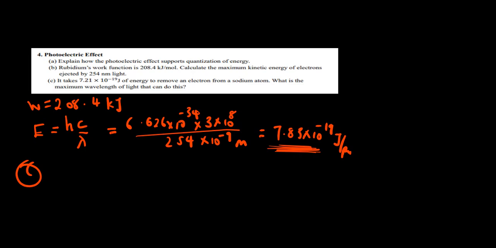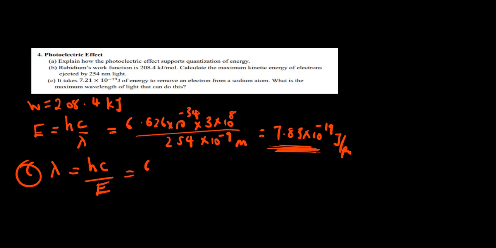The wavelength will just be equal to Planck's constant multiplied by C, with your energy down there. It's like you're just cross multiplying. We've been given everything.